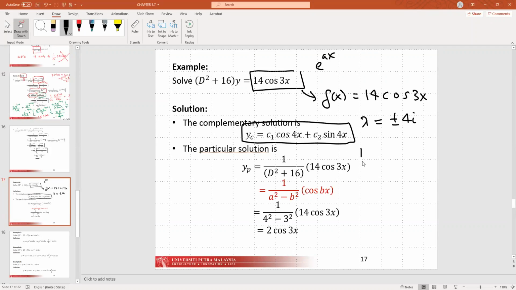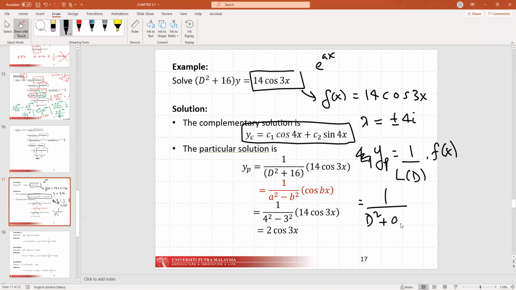Kemudian YP is just sebab dia tak ada melibatkan exponential, so awak boleh terus buat 1 over L of D of fx. Dan this is equals to 1 over D squared plus A squared of fx which is 14 cosine 3x.